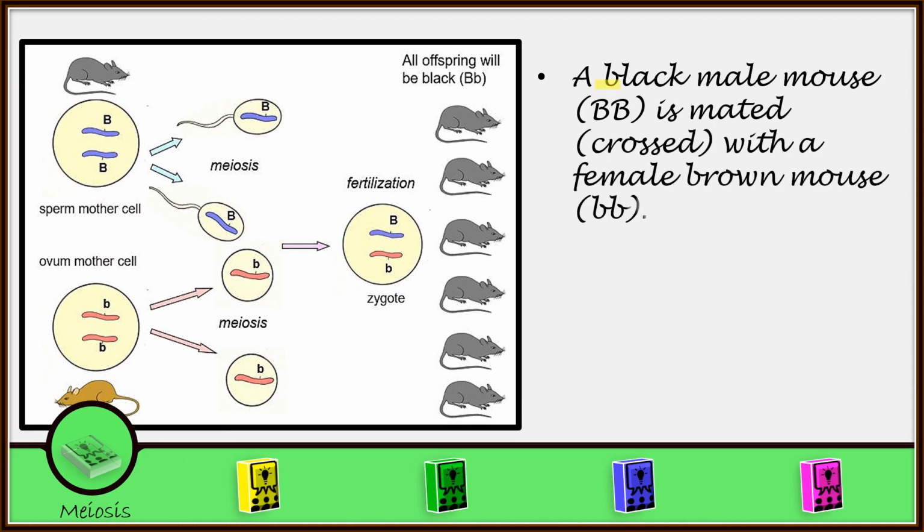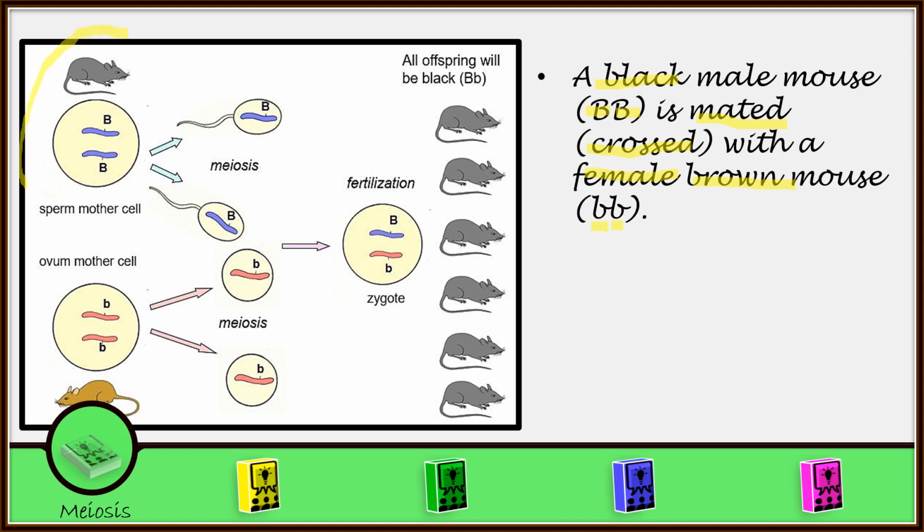A black male mouse, which is represented by two alleles, capital B and capital B, is mated. Mating is the same as crossed with the female brown mouse, small b and small b alleles.